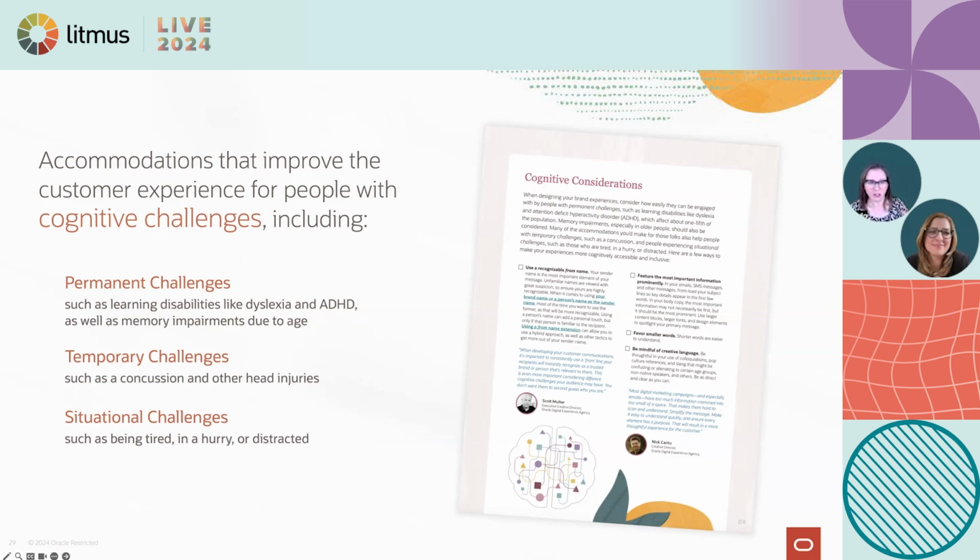And that can be hard. I think a lot of times we as email marketers get in this rut of thinking that everyone thinks about things the same way we do, has the same experience as us. And so thinking about these cognitive considerations really helps us get a little bit outside of that box to push ourselves.